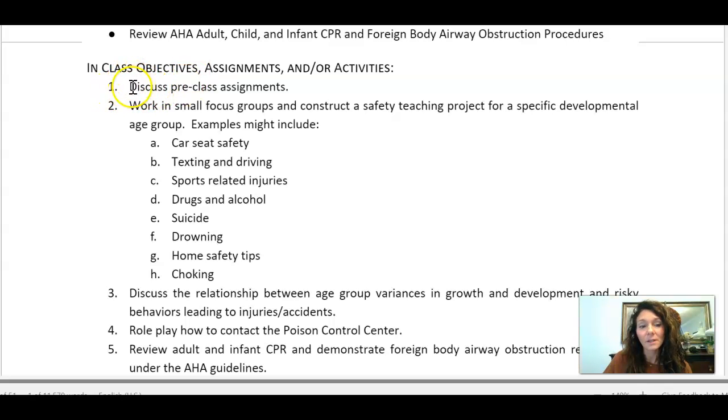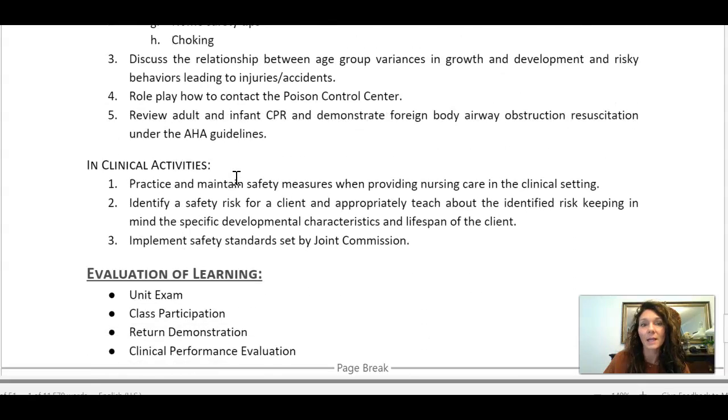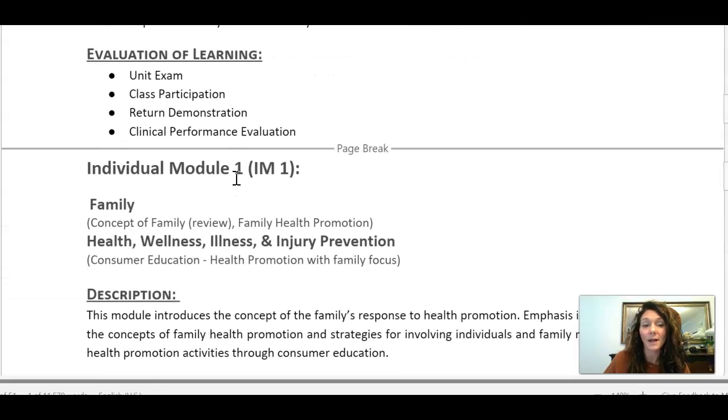However, if you can utilize these in-class objectives and assignments and activities while you're at home studying, or have these things in front of you as I'm talking and be thinking about this information and writing yourself some notes, it will help you in the long run if these are things that we're not able to do during class because of time constraints or COVID or whatever.